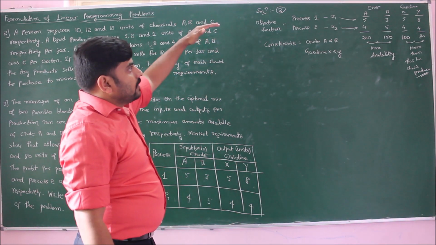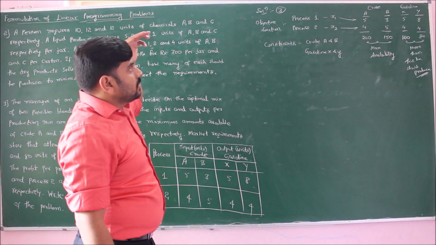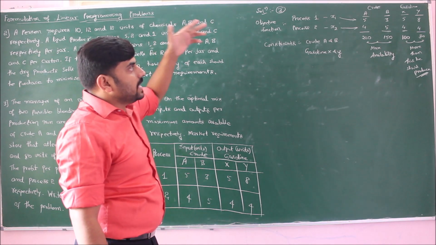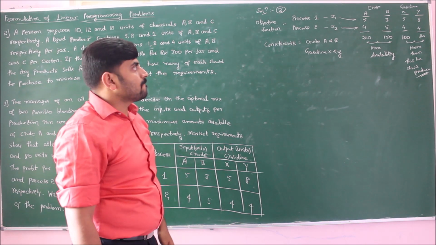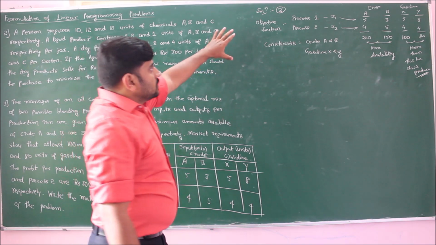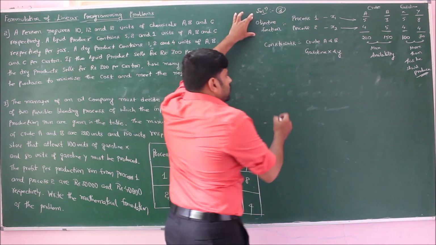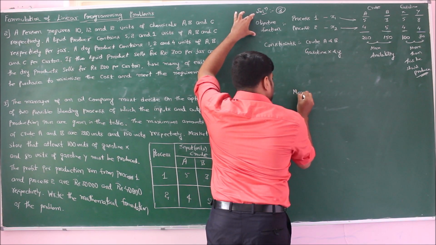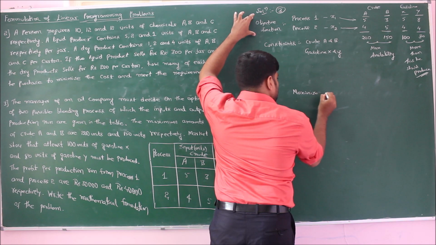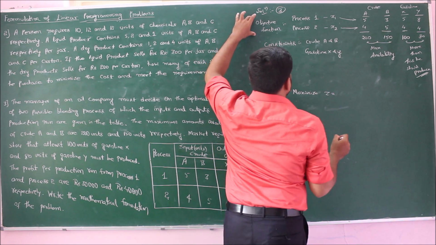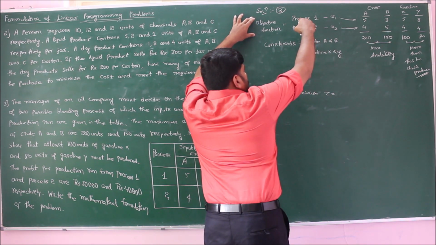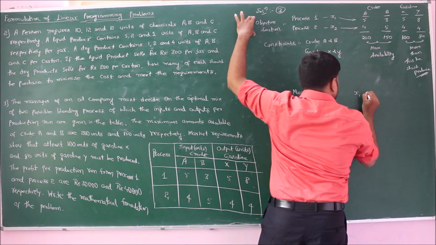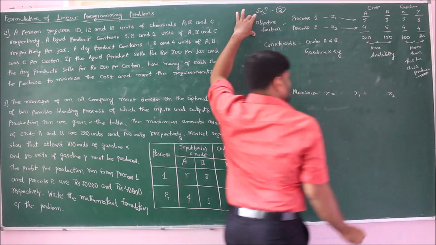So now we have segregated the variables fitting to the objective function and the variables fitting to the constraints. Since he is in profit, I should maximize the profit, so therefore the objective function will be maximize Z is equal to, he is making the profit from process 1 and process 2.